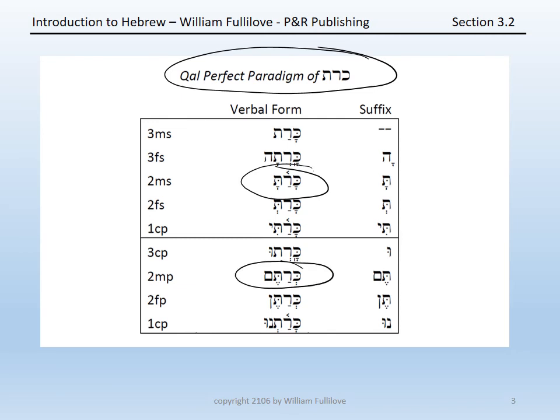For instance, karatem stands for kar-rat-tem. But simply for the convention of speed and saving space, these two tavs are only written one time, and the dagesh is a dagesh forte.